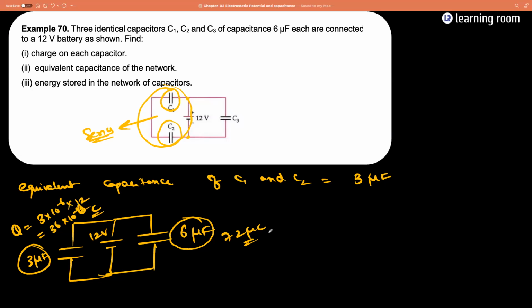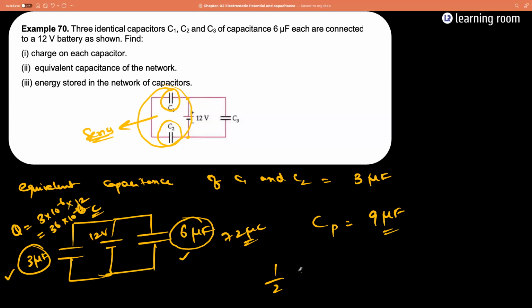Now tell me the equivalent capacitance of the network. They are connected in parallel. So CP will be equal to 9 microfarad. Right. So what is the energy stored in the network of the capacitors?